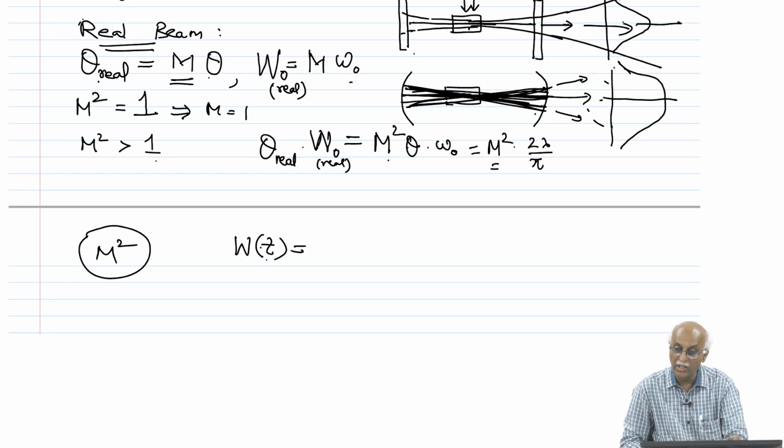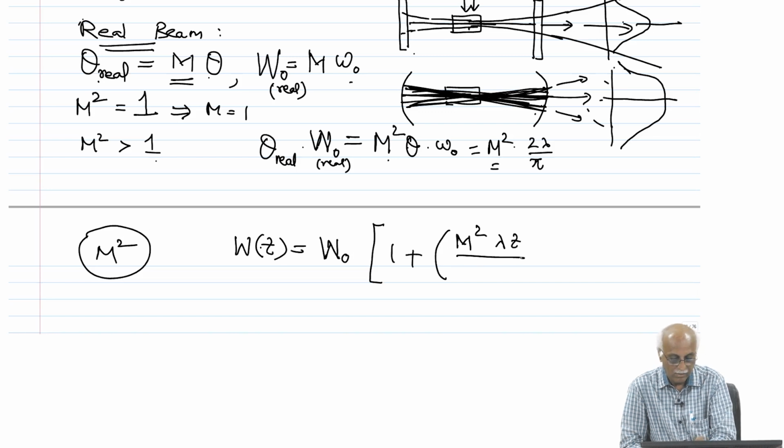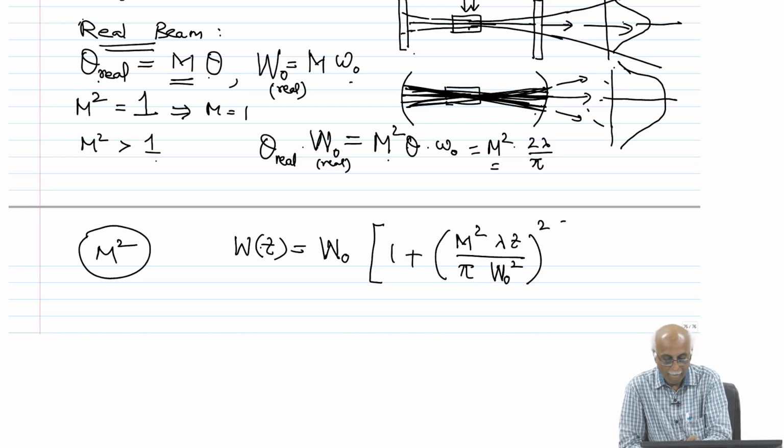Then w(z), the beam spot size at any position z, is the real beam waist W0 times the square root of 1 plus (M square lambda z / pi W0 square) whole square.